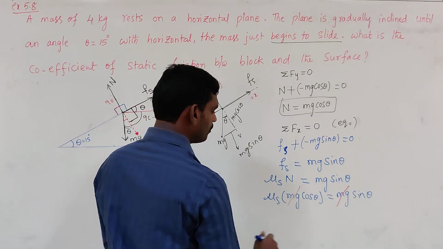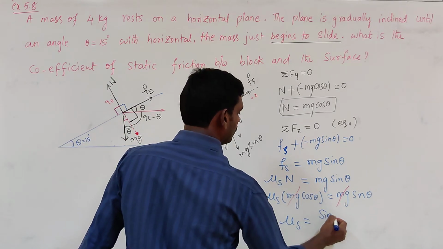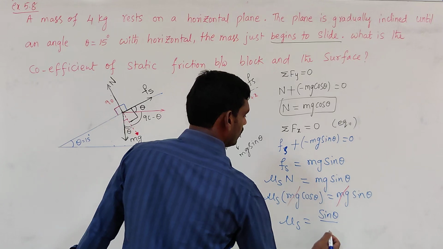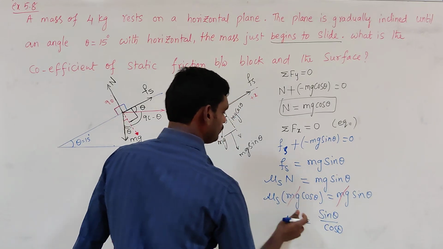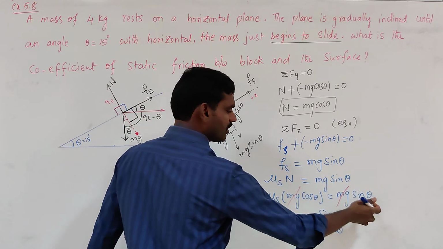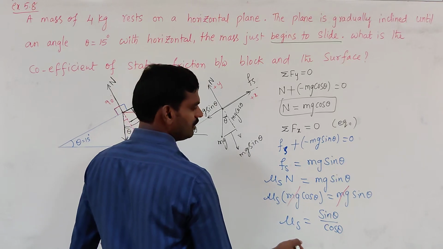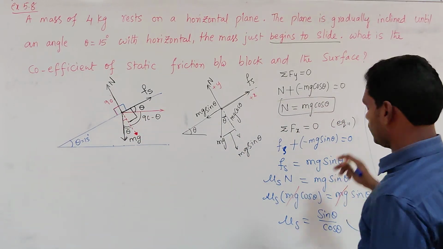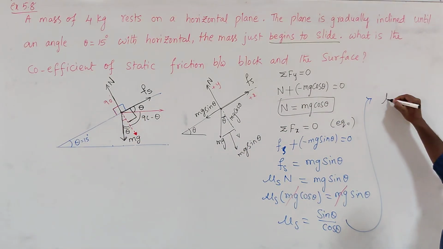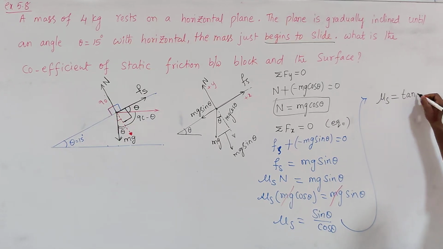So mu s is equal to sin theta divided by cos theta. Only the cos theta term is there. When this cos theta comes to the right side, it goes to the denominator. So the final answer is mu s equal to sin theta by cos theta, which is nothing but tan theta.